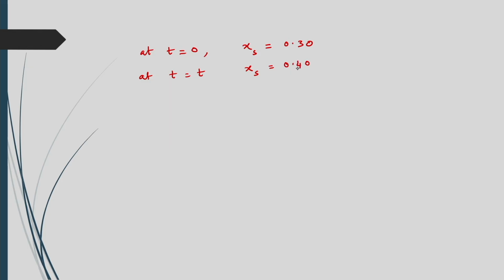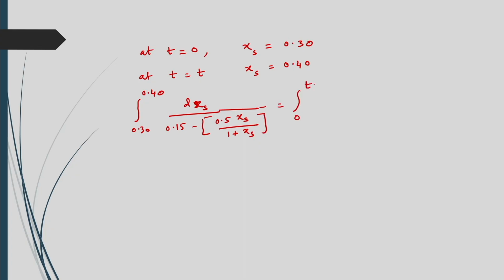So based on this limit, we can have this integration of 0.30 to 0.40 of dxs by 0.15 minus 0.5 xs by 1 plus xs, that will be equal to integral 0 to t dt.